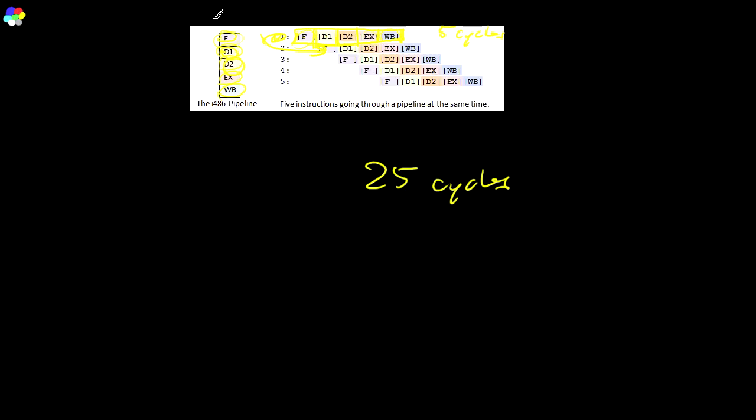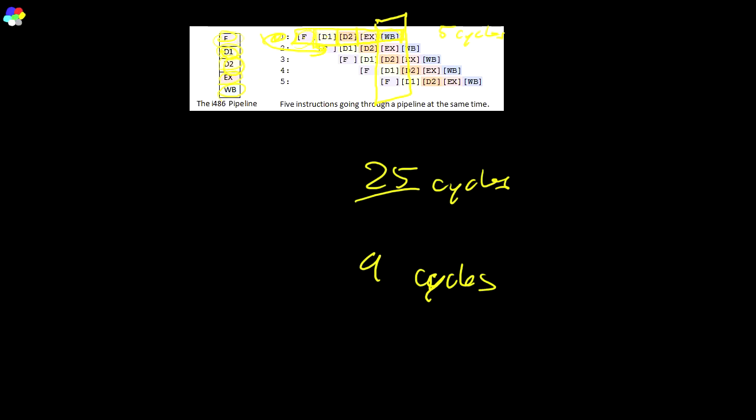Just work with me here. When you get to this point here, all these units are now going to be occupied doing some work. And instead of 5 instructions taking 25 cycles, now they only take 1, 2, 3, 4, 5, 6, 7, 8, 9 cycles. And that, my friends, is very nice.